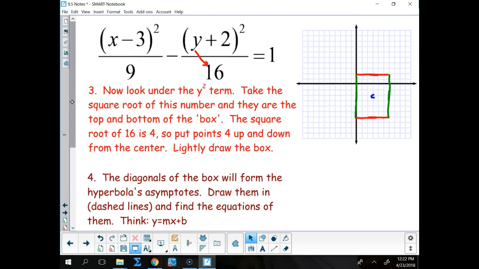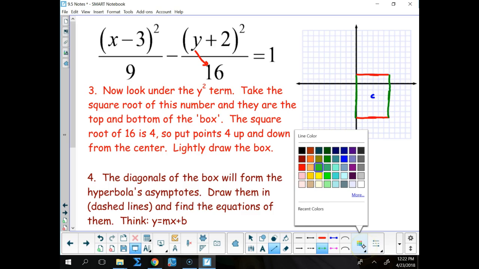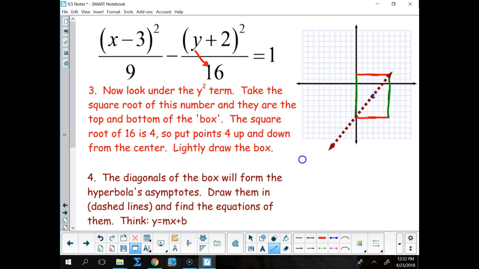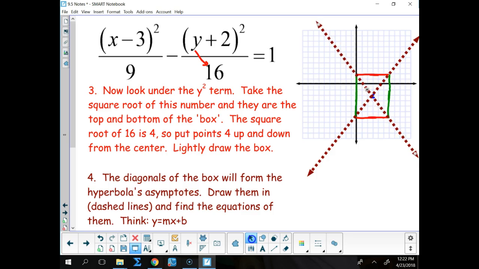Because they're asymptotes, we will draw them with dashed lines.